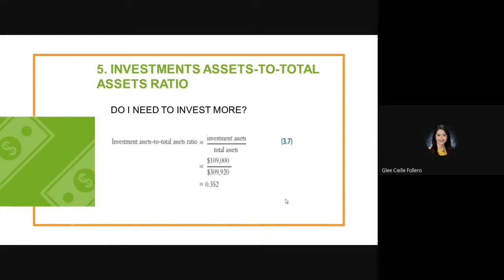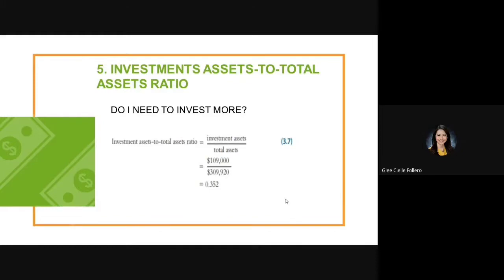And then the last financial ratio is the investment assets to total assets ratio. It compares the value of your investment assets to your total assets. It reveals how well an individual or family is advancing toward their financial goals for capital accumulation, especially as related to retirement.